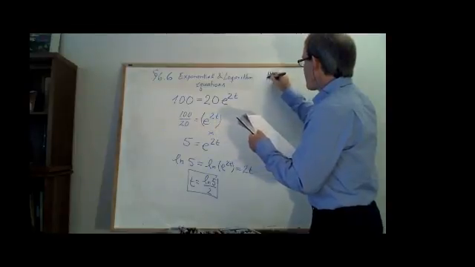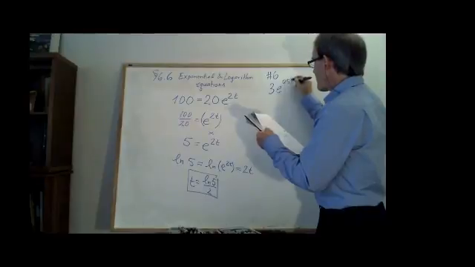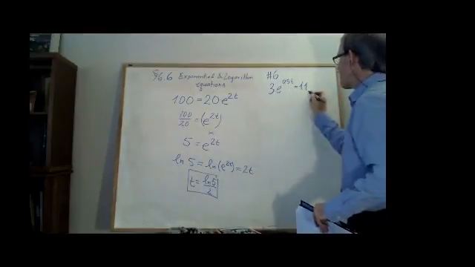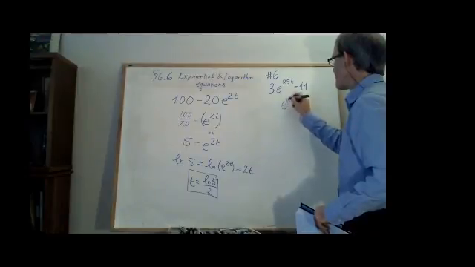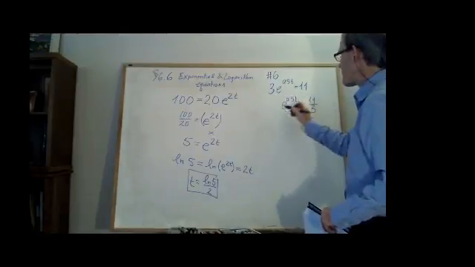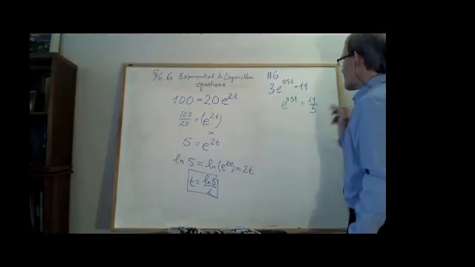Okay, so try number 6. 3e to the 0.5t is equal to 11. Again, I divide by 3 on both sides. I solve for e to the 0.5t by linear equation techniques.